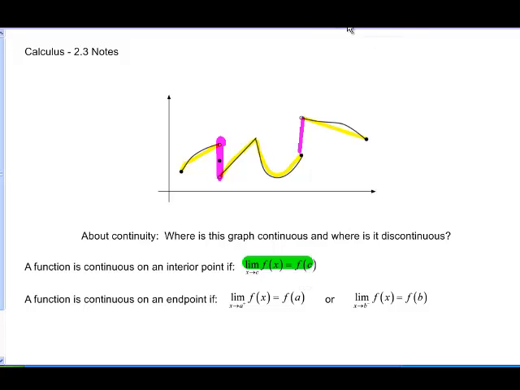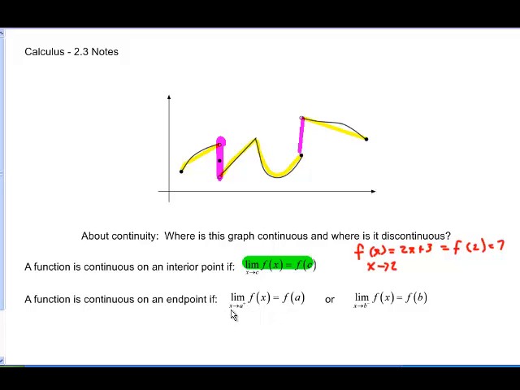So in other words, if we look at the function, something easy like say f of x equals 2x plus 3, and I want to know what's going on as x approaches 2, then I can put 2 in for that x, and it becomes the same thing as f of 2. And if the limit is the same thing as f of 2, which in this case is 7, then I am continuous.